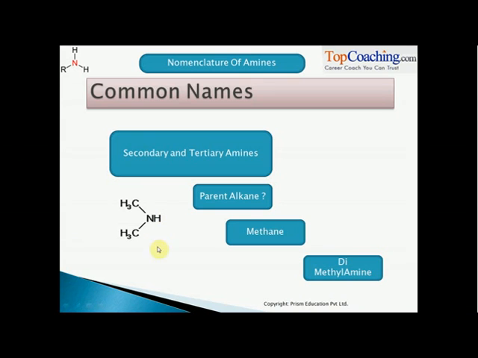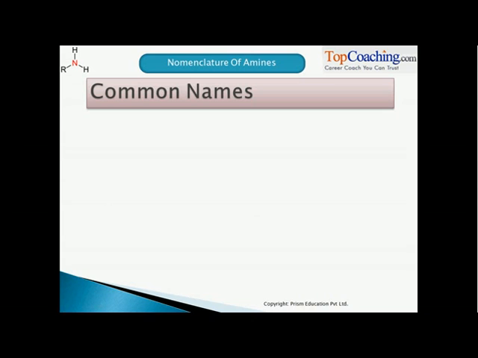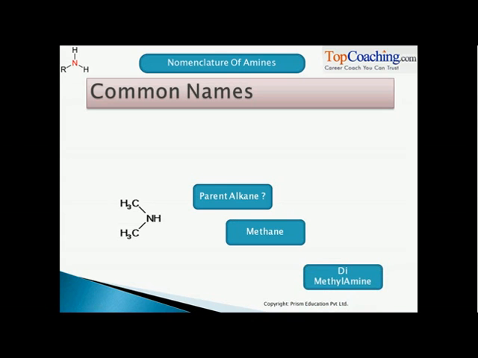So two different methyl groups have replaced one hydrogen atom each, and not that one ethyl group has replaced one hydrogen atom. So take care of this point. In this case, the parent alkane is methane and the answer is dimethylamine.